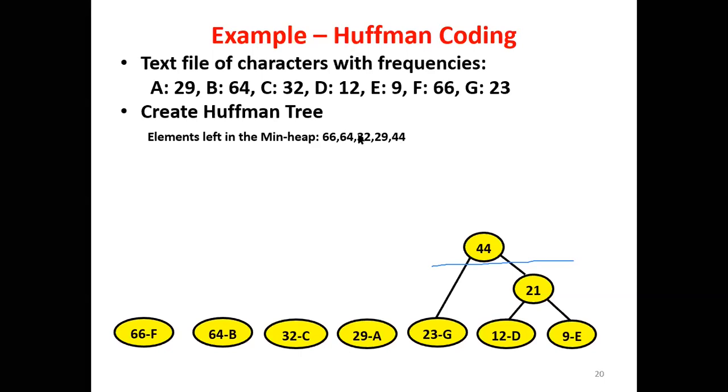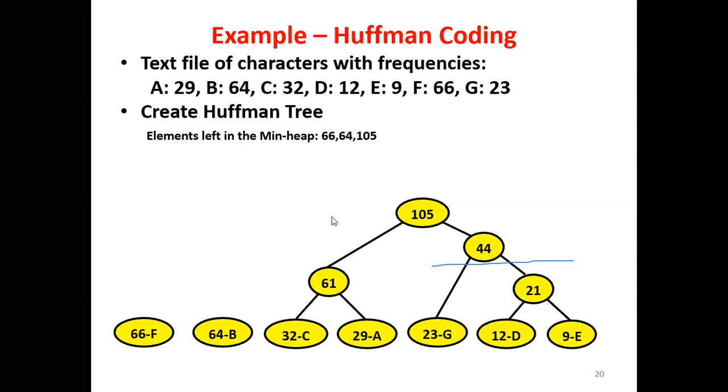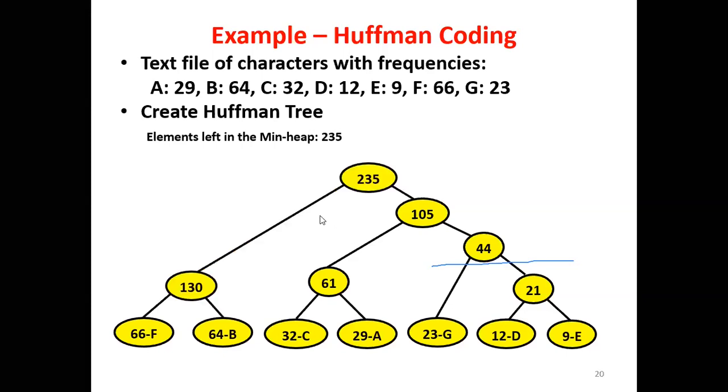Then in this list, which two have the lowest values? They are 32 and 29. So 32 and 29 need to be combined to get 61, and 61 will come to this place. We continue that way until we get to the last number.